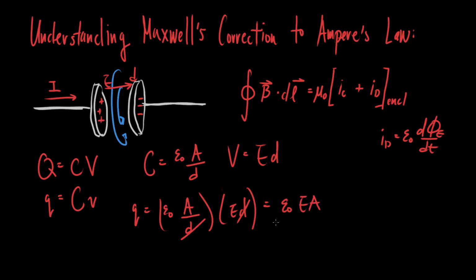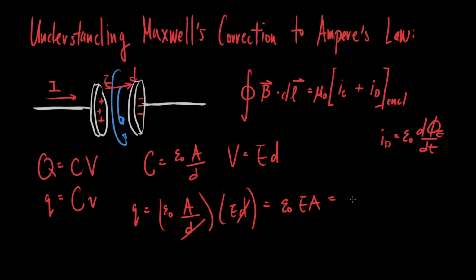And so, interesting. So we have defined the amount of charge on this given random capacitor, and we get this term EA. What is that from? And besides, don't say the gaming company, it's the electric flux, the amount of E field through a given area.